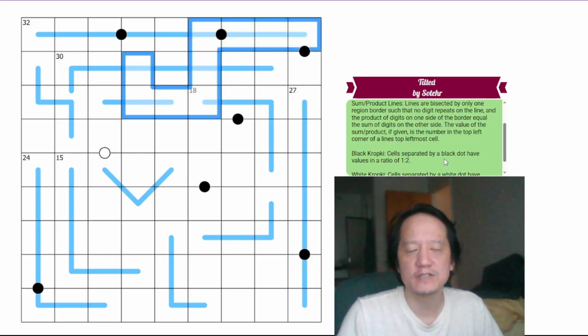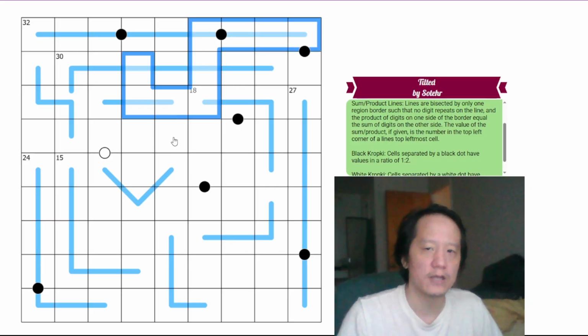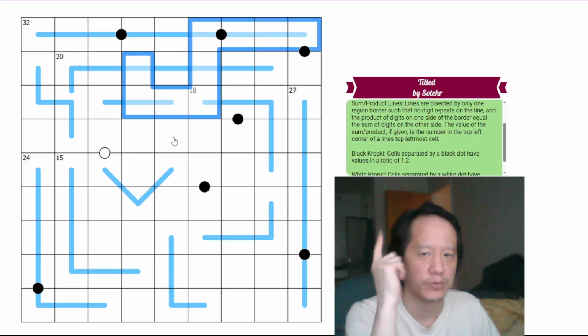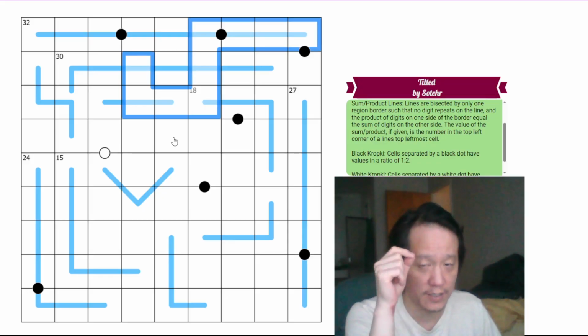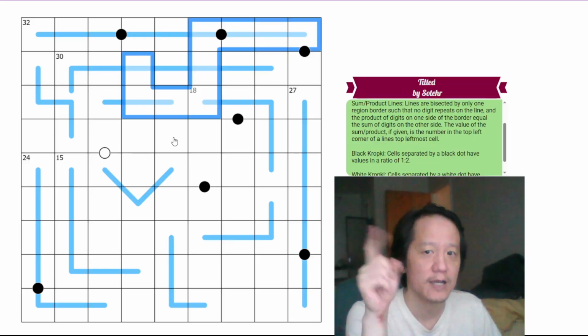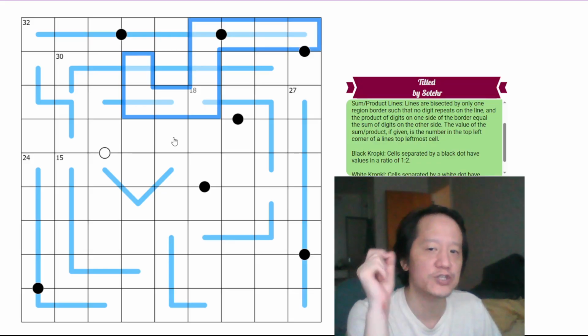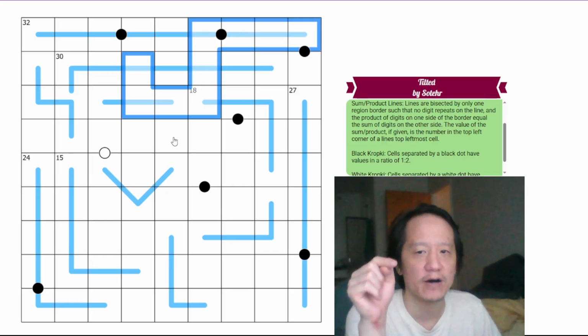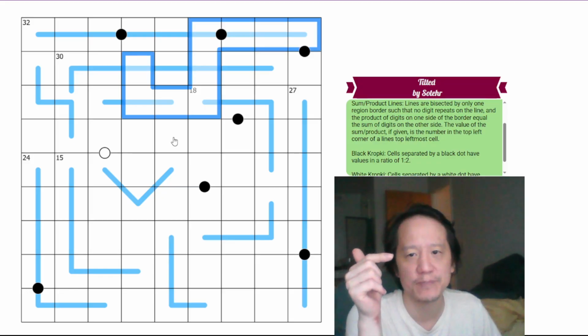We have sum/product lines, and lines are bisected by only one region border, such that no digit repeats on the line, and the products of digits on one side of the border equal the sum of digits on the other side.